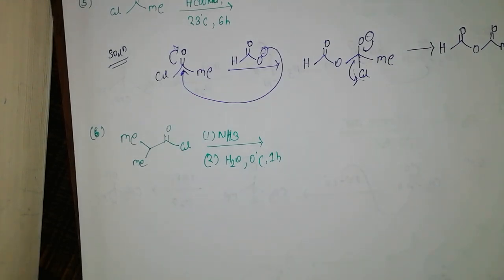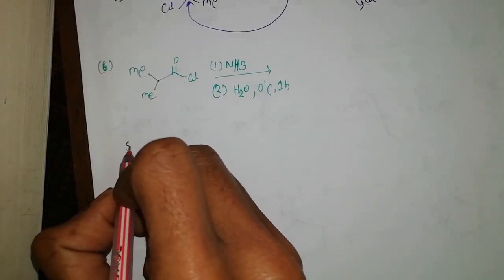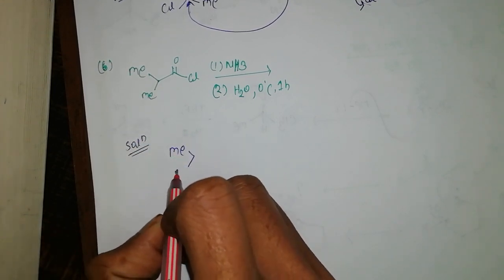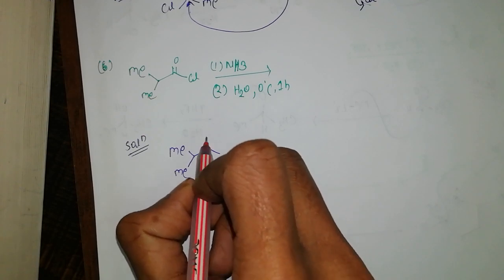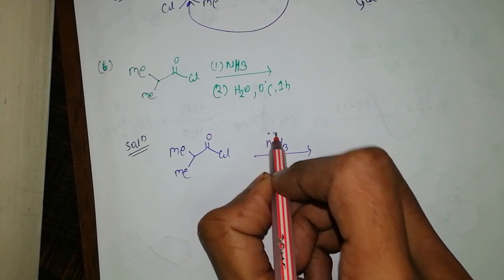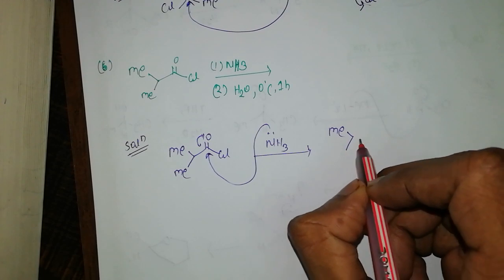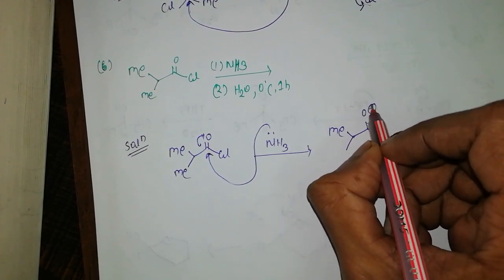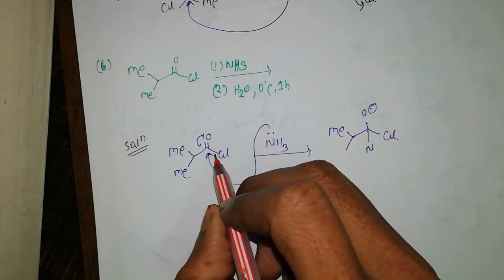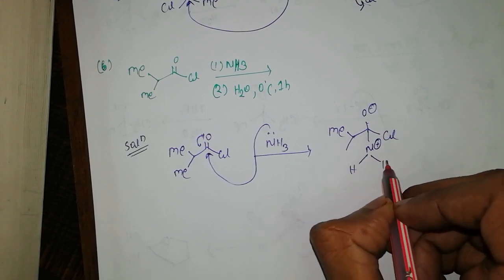So what will be our product? Then move on to the solution part. What do we get? We know very well that nitrogen has a lone pair, so it attacks at this position and this position. So Cl and N, after giving the lone pair, the nitrogen atom becomes positively charged. So H.